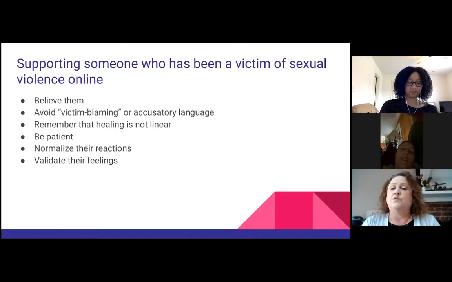It's very important for us to normalize their reactions. Just because somebody reacts a certain way, do not invalidate that. Absolutely let them know that what they're feeling is perfectly normal for them. Because we cannot judge, just like Denisha was saying, what's traumatic for someone may not be traumatic for someone else. And in that same way, the way that someone reacts to that trauma could be different.